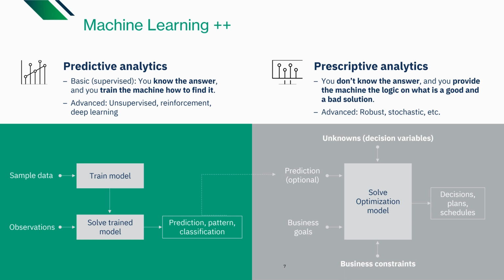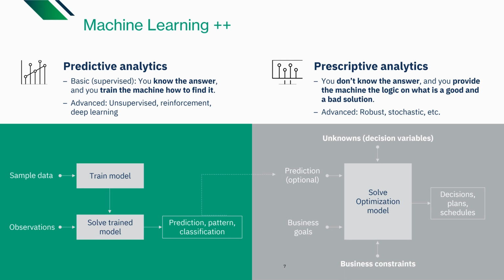Then, on the prescriptive side, we incorporate machine learning techniques directly into the optimization engine itself. Instead of just optimizing based on a rigid set of business rules, the prescriptive models can actually learn what represents a high quality or low quality solution as we iterate.